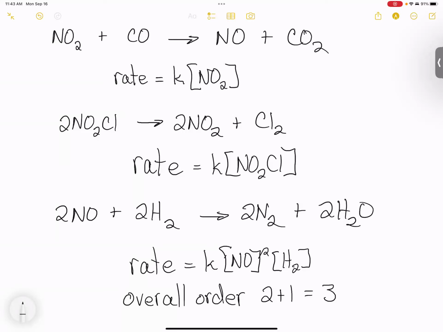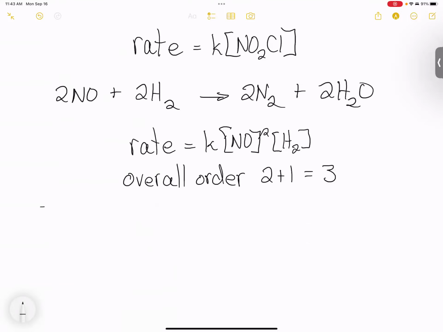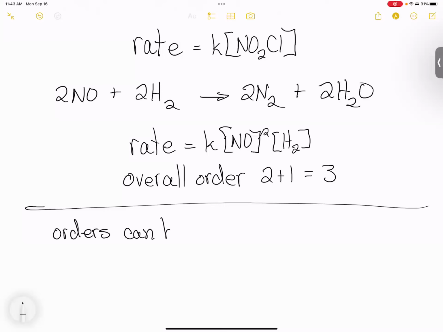Something else about these orders, though. Orders can be whole numbers, fractions, and negative numbers.